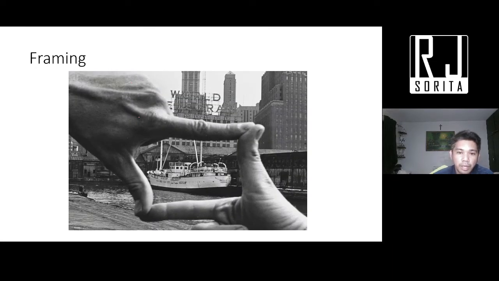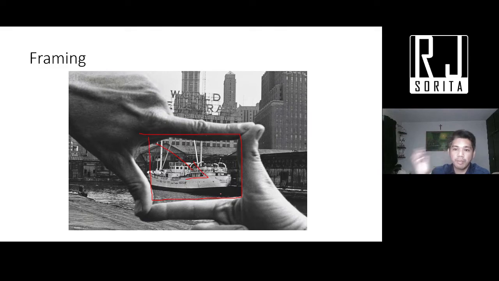And then there is what we call framing. Framing is using a frame or creating a frame within the picture. So look at this. Look at the hands of the person. He created a frame so that your focus will be placed inside the boat.